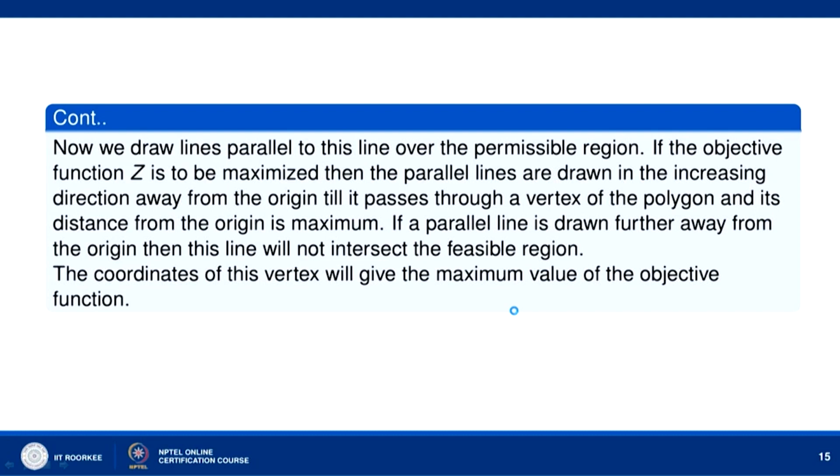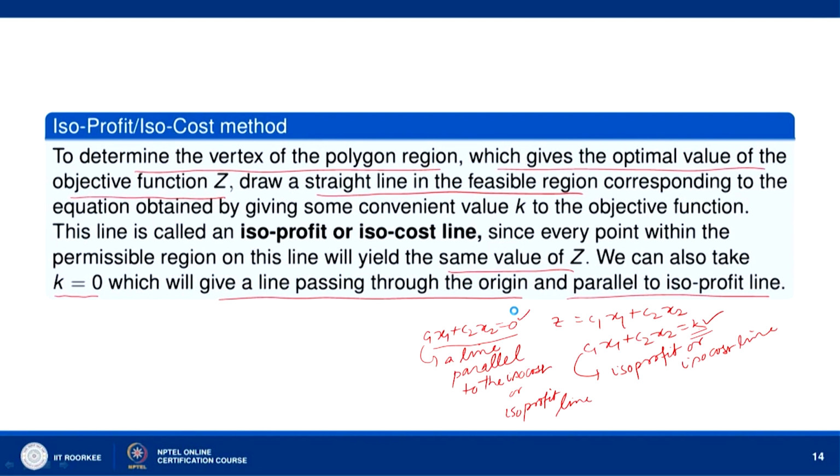Now, we draw lines parallel to this line over the permissible region. Suppose this line is C1x1 + C2x2 = 0, and this is your feasible region.